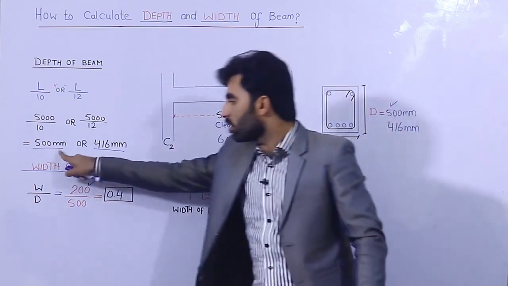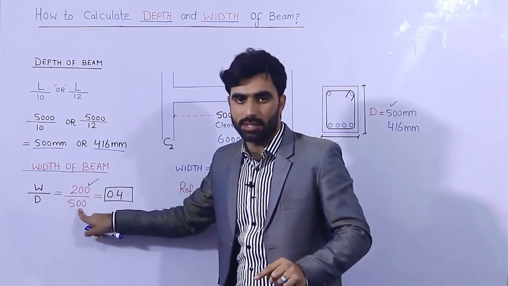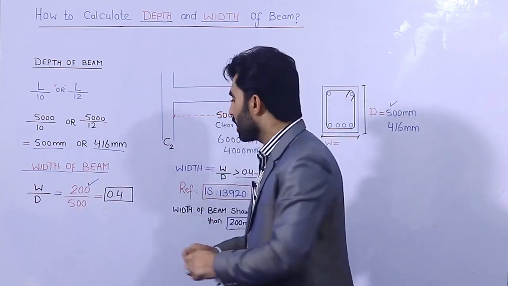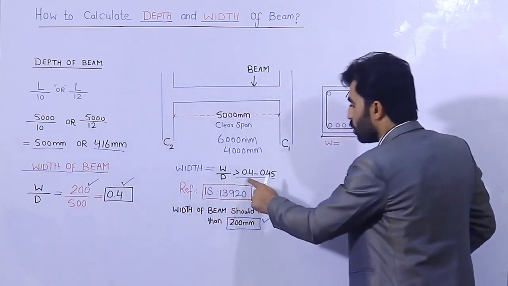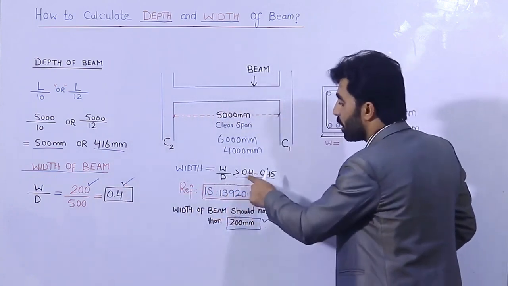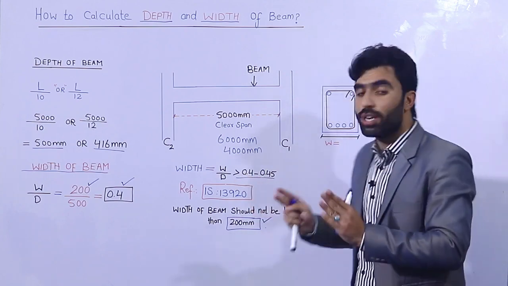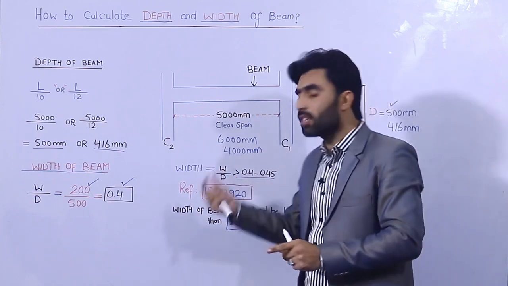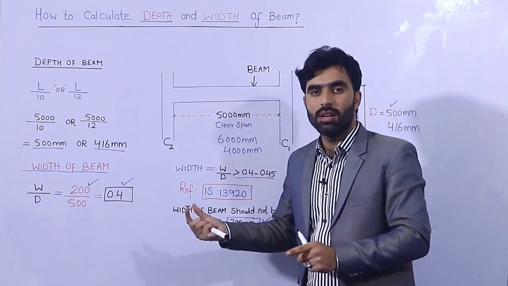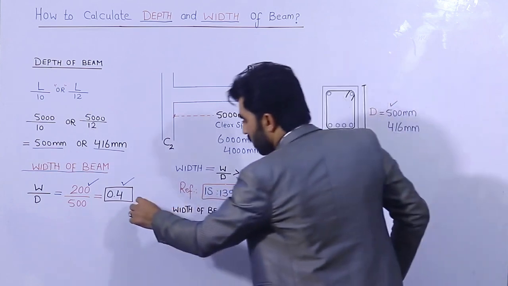Width 200, which is minimum, divided by 500, which is the depth, gives the value 0.4. If you see here guys, 0.4 is greater or equal. So between these two values the width is safe. But we should put a factor of safety to increase the width of the beam. So it is safe, but I should increase it.